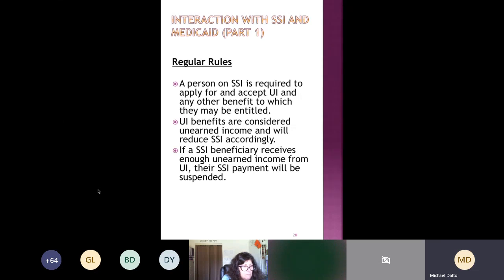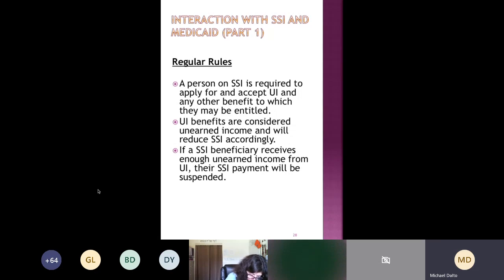So let's consider a situation where a person was getting SSI, then they went to work, and their SSI was reduced. Maybe they were receiving just a very small amount of SSI and their earnings. And then they became unemployed and qualified for UI benefits.